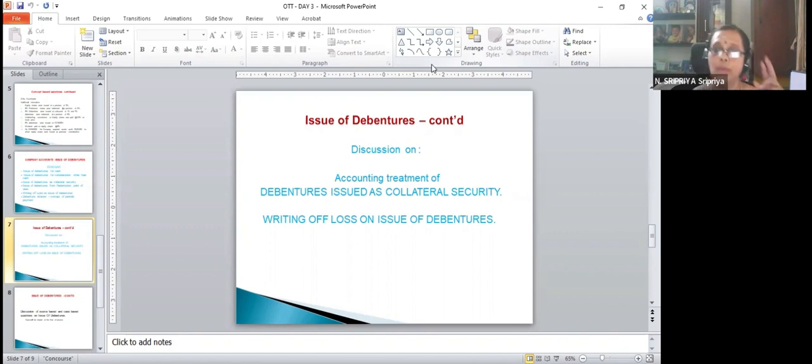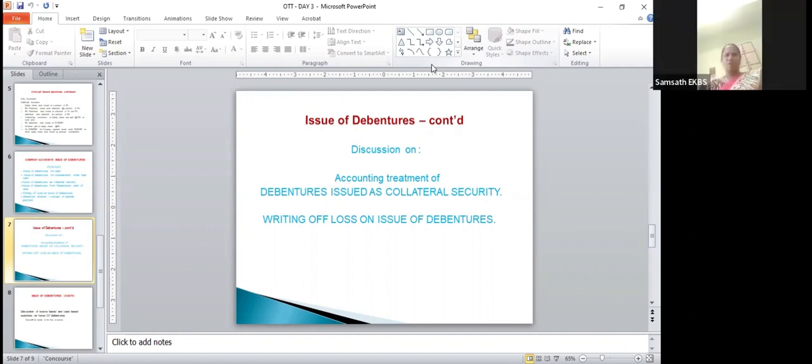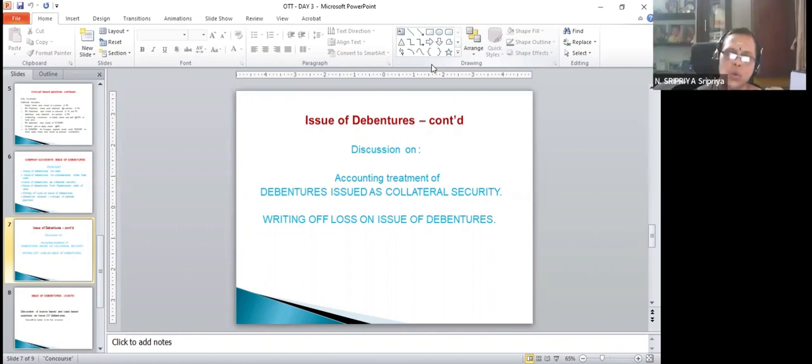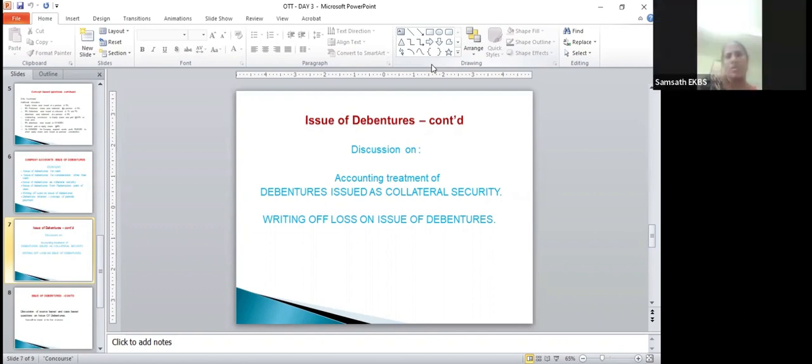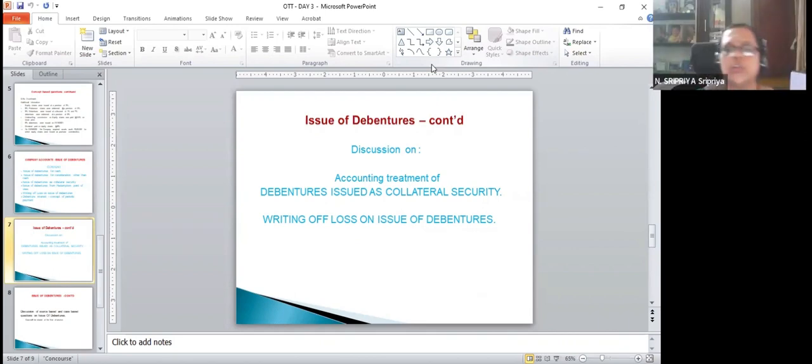Now you may have 3 debits or you may reduce it to 2 debits by combining discount on issue of debentures and loss on issue of debentures, in which case writing off this loss on issue of debentures becomes an easy job for you.